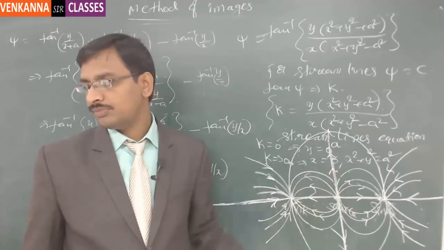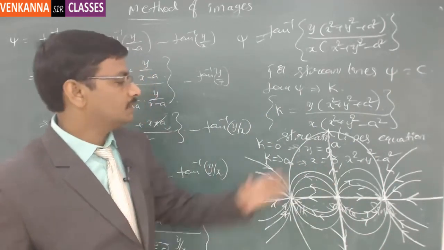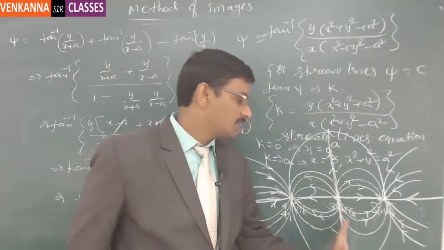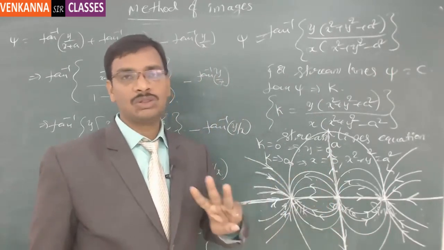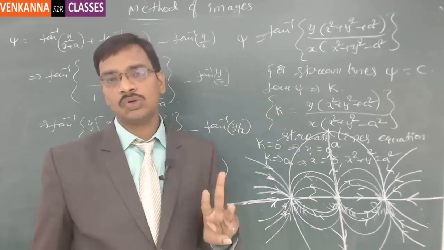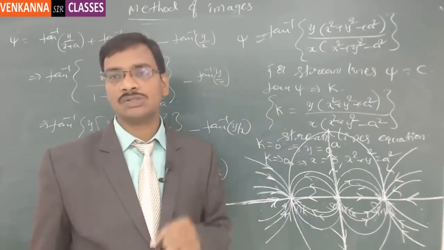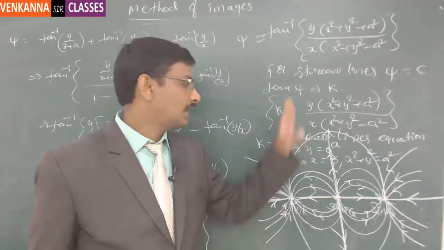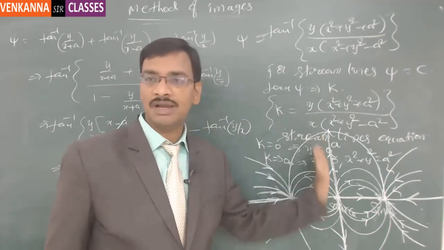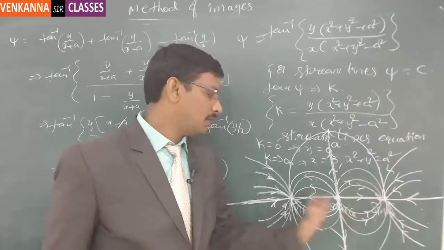Got it? And then if you notice, the y-axis will divide the two of these things. So there are 3 points totally: two sinks and one source. The source is present at the origin, and the two sinks are getting subdivided by the y-axis into two parts, this part and this part.